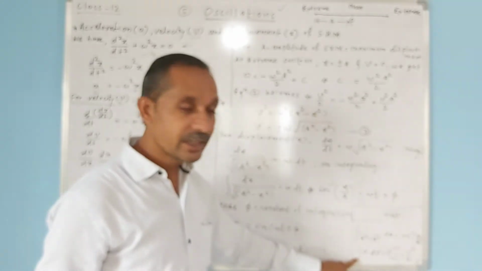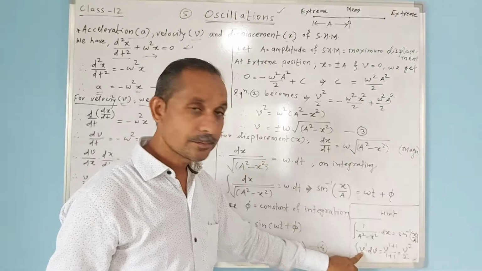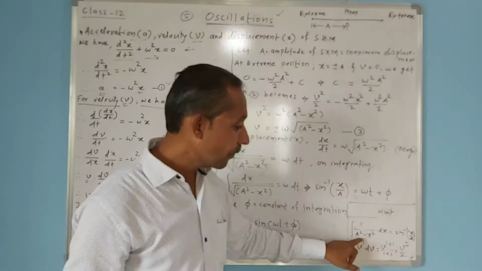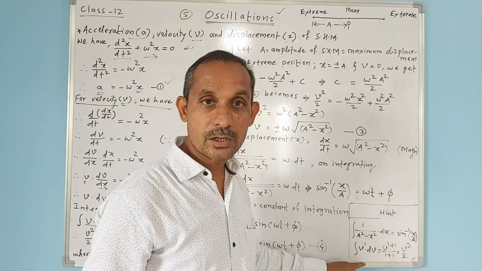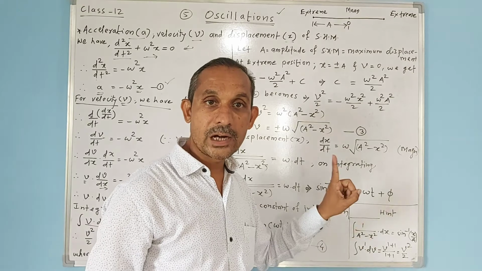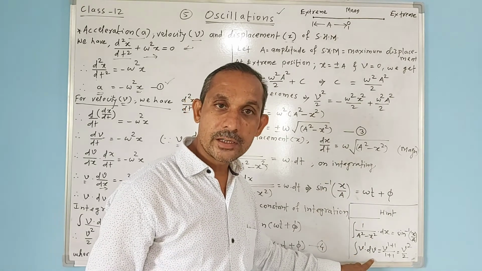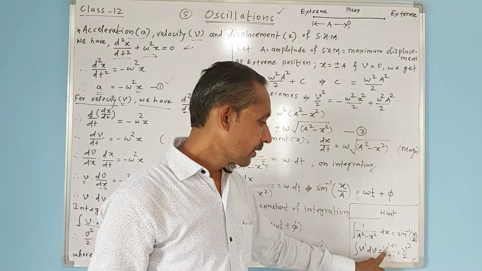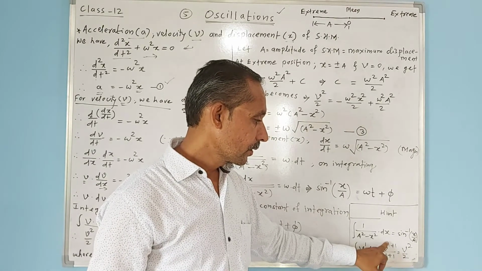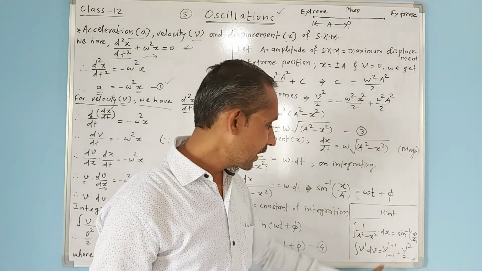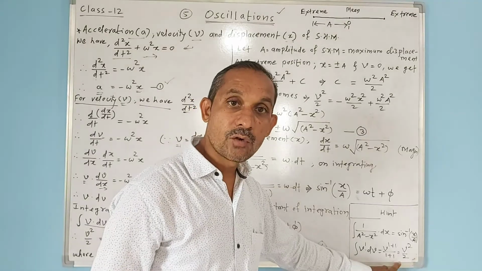Okay? That means integration of v dv is equal to, what is the power of v? We can write integration of v dv means v to the power plus 1 divided by power plus 1.